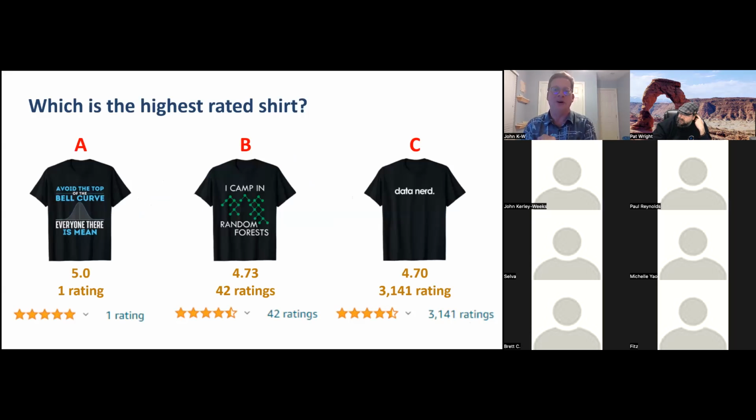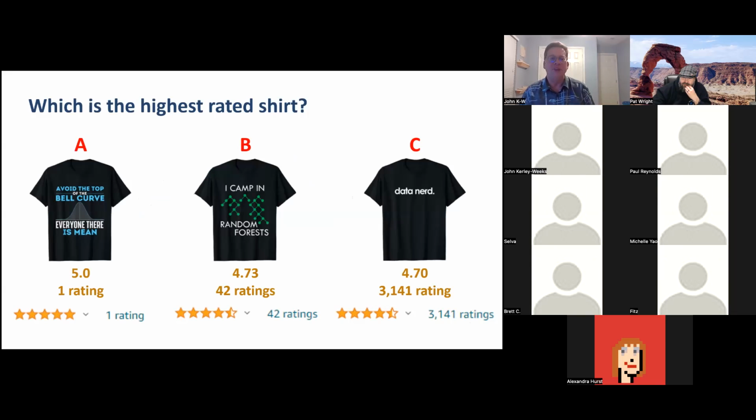Okay, so this was where you could vote. Which of the T-shirts was the best rated? This is theoretical, off of Amazon. A, a T-shirt with a 5.0 rating but only one person rating it; B, a T-shirt with a 4.73 rating, but 42 people had given it a rating; or C, a T-shirt with a 4.7 rating, but over 3,000 people rating it.